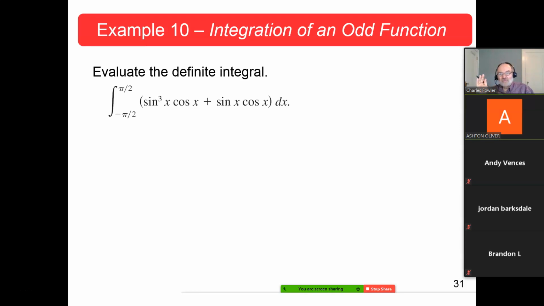Now, on the one hand, I would be tempted to factor out a sine x cosine x, and that leaves you a sine squared x plus 1. That doesn't really help you. Okay? So I think the other thing to do was just go for it. Just make this two integrals. Make this from minus pi halves to pi halves. Notice it is a symmetric interval, and this will then have a dx here. Okay, do two of these.